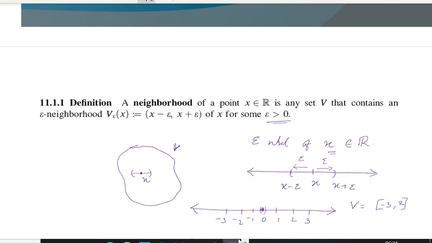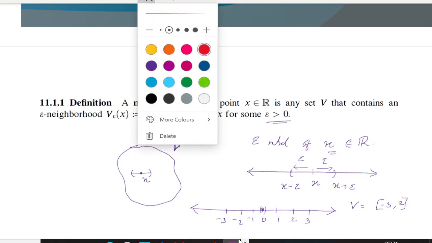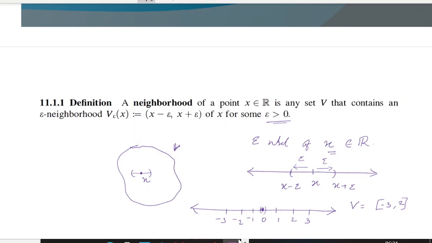So, what do we want to check? We want to check whether, for some epsilon, we get an epsilon neighborhood which lies completely inside your set V. Your set V is the closed interval from minus 3 to 2.